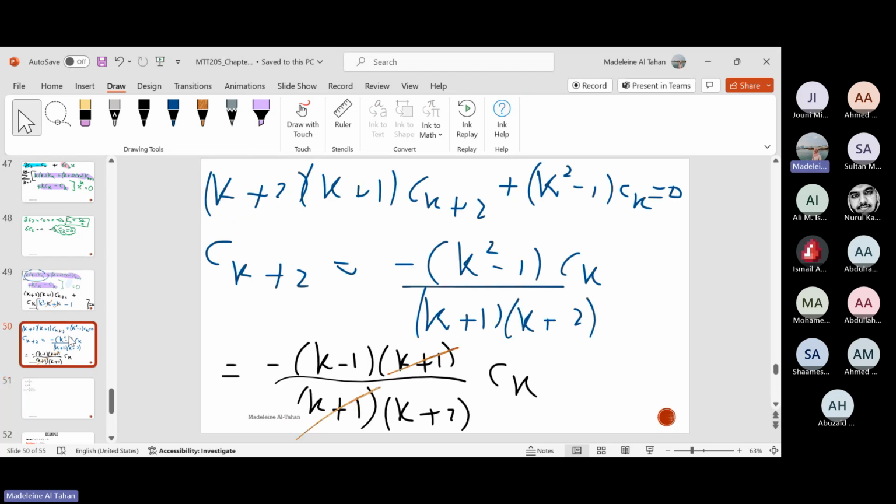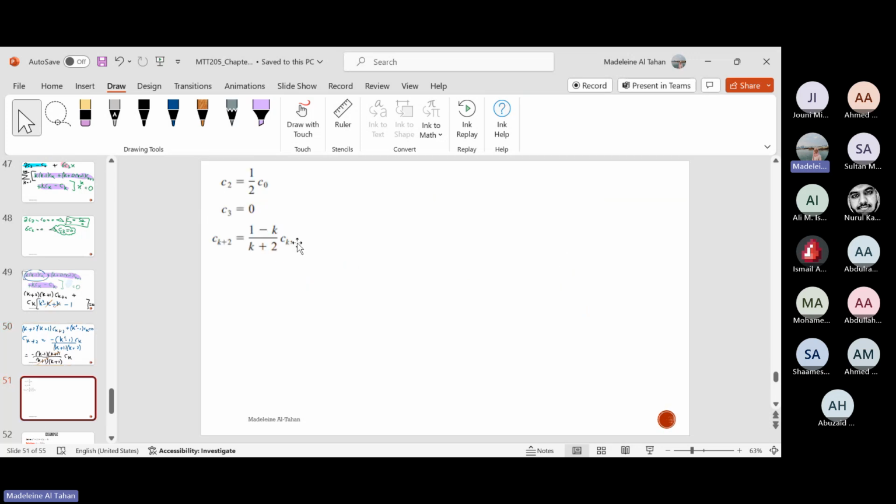C2 is half C0, and this one minus into k minus 1 is 1 minus k over k plus 2 ck.